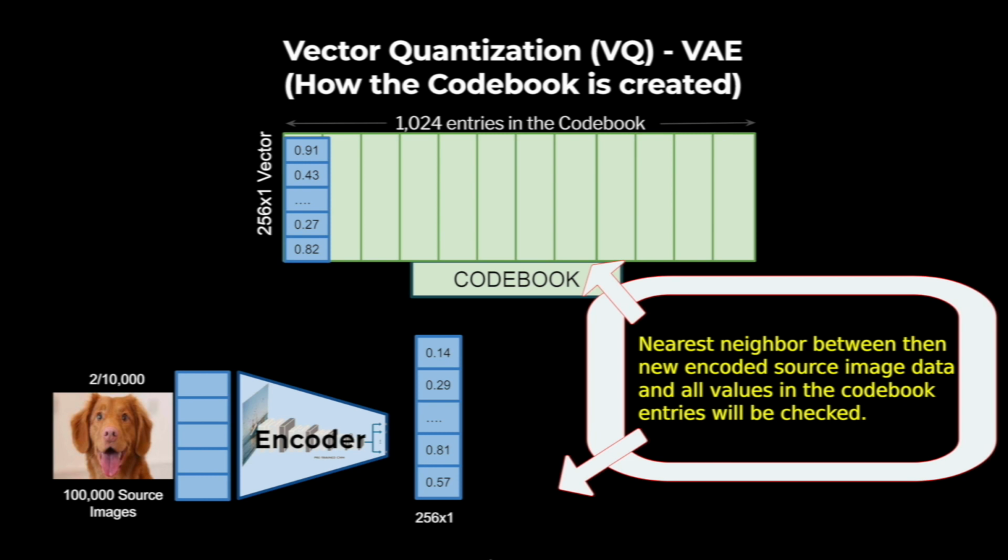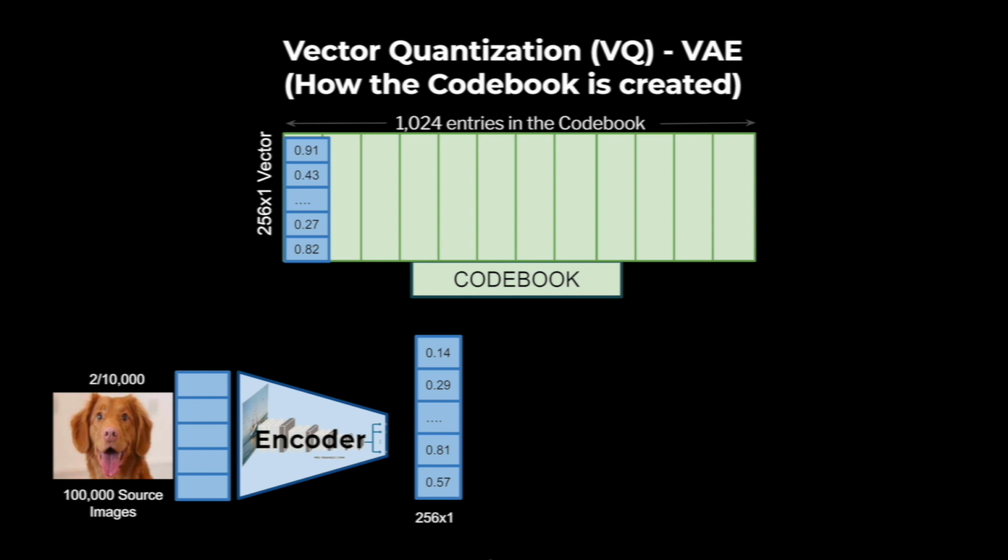If any entry is found, the value inside the codebook will be replaced by the new entry. However, please remember that we are just creating the codebook. So let's assume the second entry does not find a nearest neighbor, so this value will be placed into the second position.